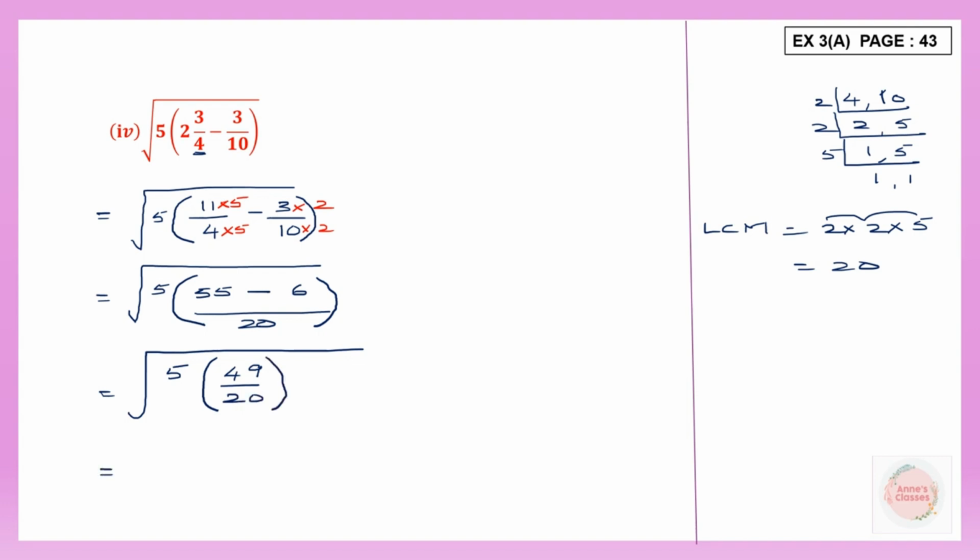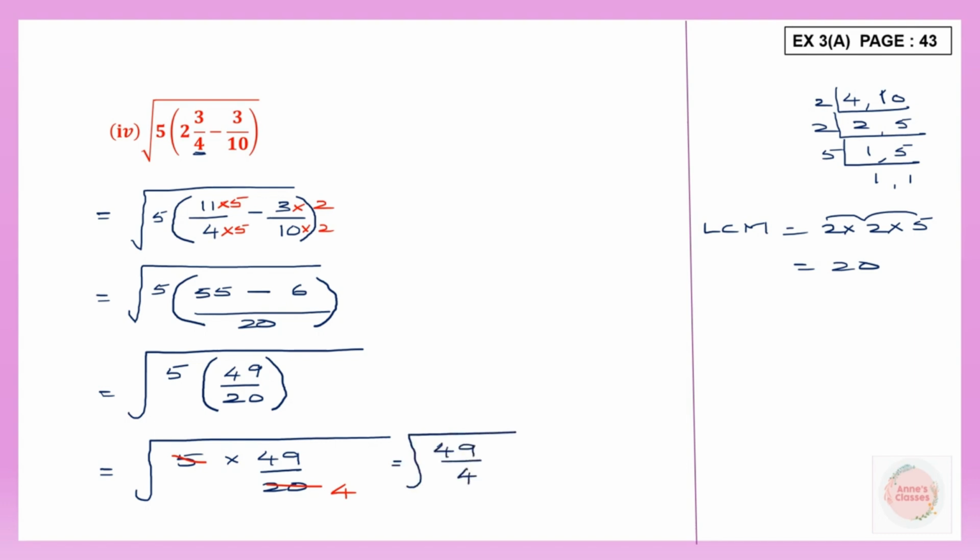So now let's remove the bracket and work this out. So this becomes 5 into 49 by 20. Now we can cancel. I can cancel 5 and 20. 5 ones are 5, 5 fours are 20. Now we need to find out the square root of only 49 by 4.